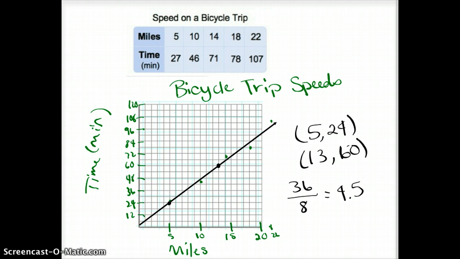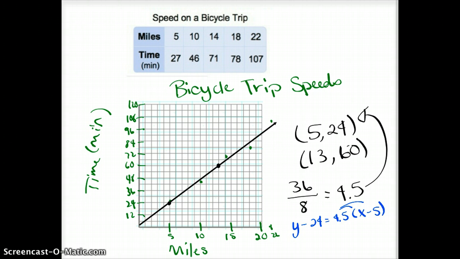And then when I'm trying to figure out the rest of my equation, I might use point-slope form because that's easy to use to write an equation. So I'm going to use that point (5, 24). So I'm going to say y minus 24 equals 4.5 times (x minus 5). And I'll change that into slope-intercept form just because I think that will be a little bit easier.